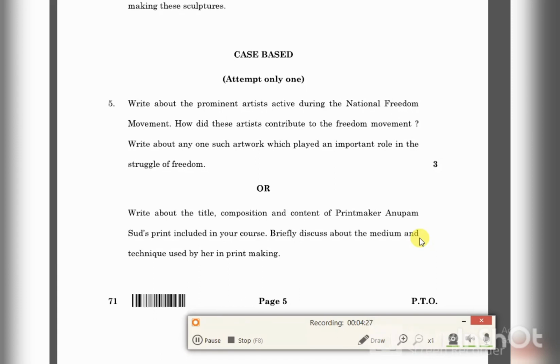So these showed the various movements, struggles which were present during Indian freedom, like Swadeshi movement, INC. Even one of the artists drew various paintings of INC members, leaders, to show the different freedom movement which was prominent during those times. And the famous artwork which we can talk about in this question could be of Bharat Mata, which was recreated by many artists. Now let's move to the next question.